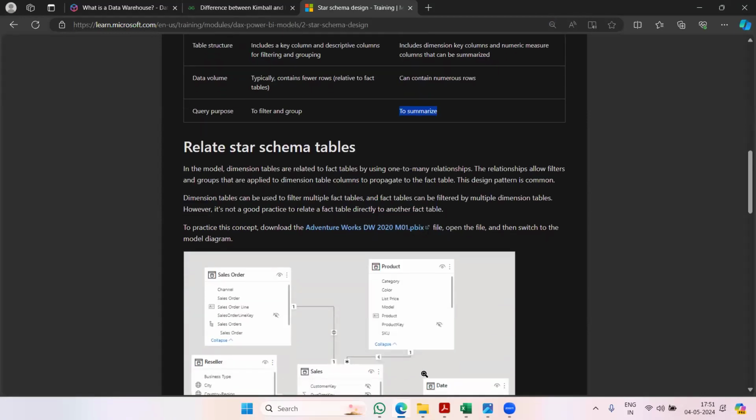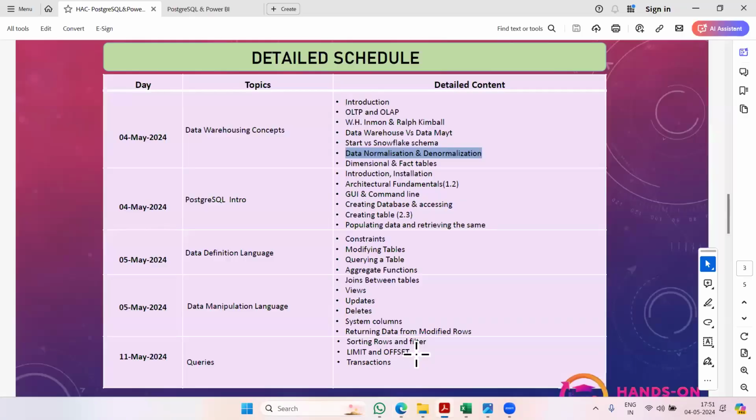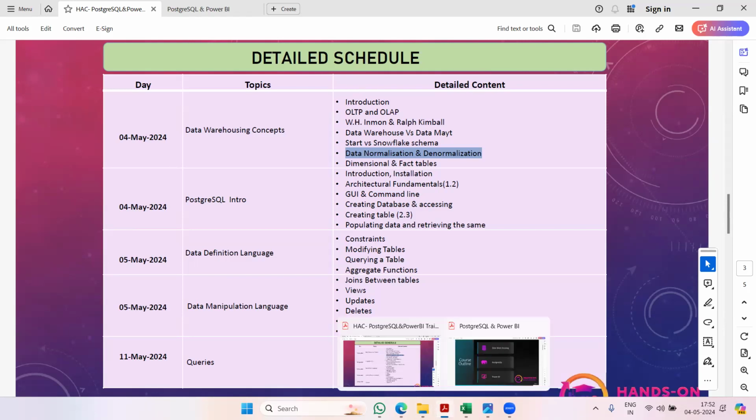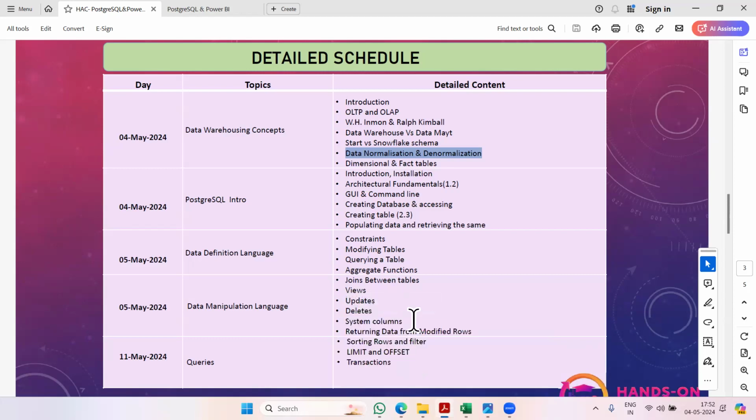And we also saw facts and dimensions, right? So: introduction, OLTP, OLAP, Inmon, Ralph Kimball, data warehouse, data marts, star, snowflake, data normalization, dimensions, and facts, right? So this is all about our fundamentals of data warehousing concepts. Okay. So I will pause the class recording.